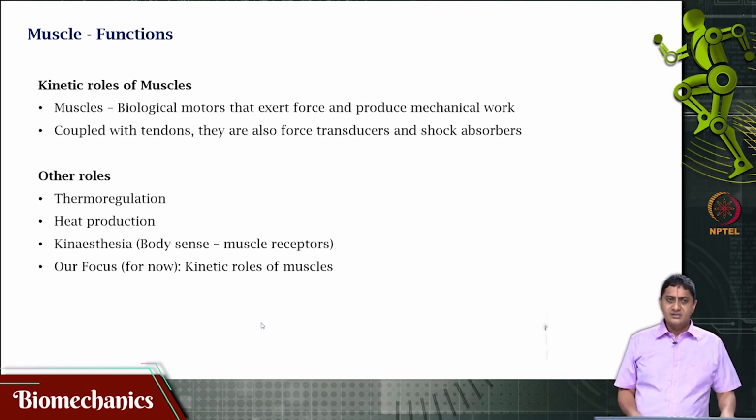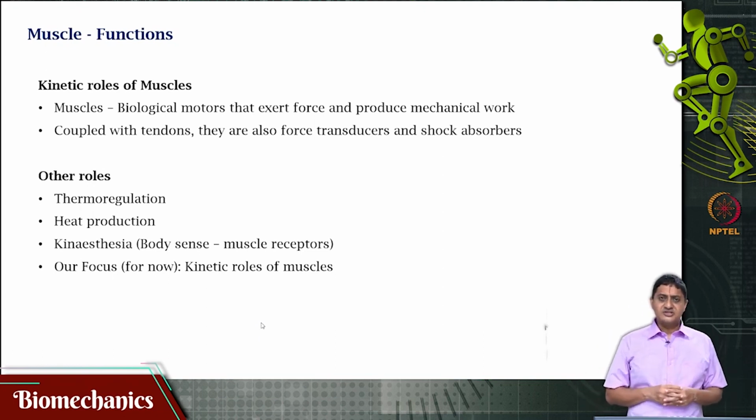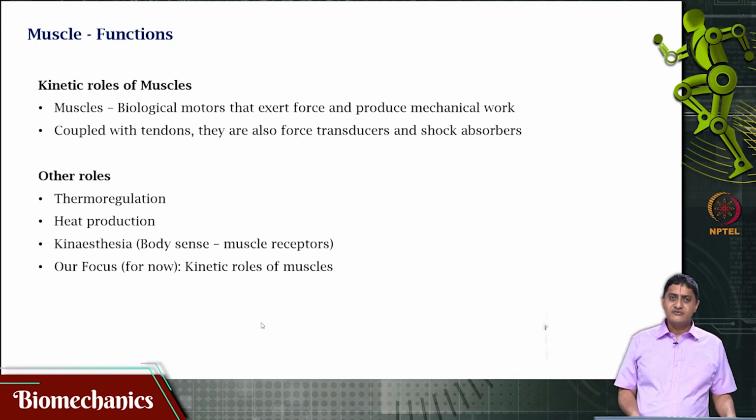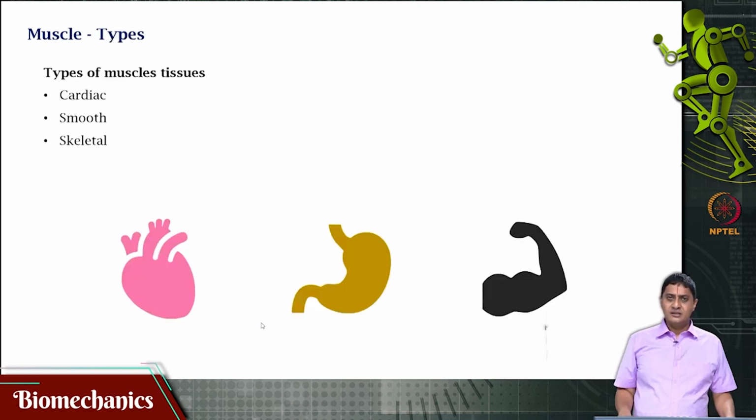Right. In this course, we restrict our attention to the role of muscle as a force producer and as something that does mechanical work. Broadly, we classify muscles into three types. One is cardiac muscle. This is a special muscle. There is only one of this muscle in the entire body, that is the heart. It is a single muscle that belongs to its own type, that is the cardiac muscle.